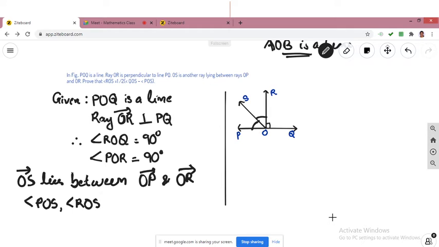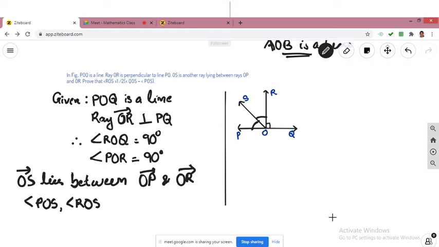Okay, Pavan, can you tell me what these angles are? What can you say about these two angles? We know that OS is in between these two rays OP and OR.